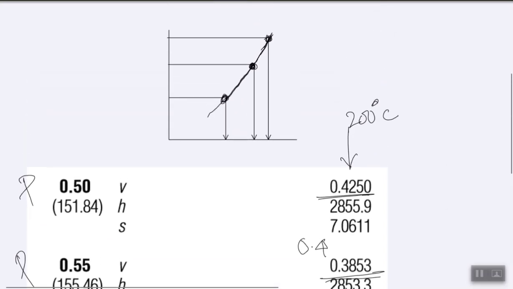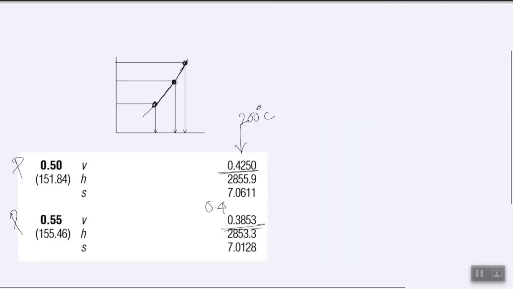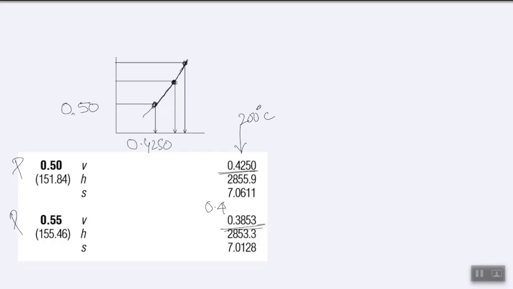Same thing as in the previous example. We have a pressure of 0.5 megapascal, corresponding to which we have a volume of 0.4250, and a pressure of 0.55, corresponding to which we have a volume of 0.3853.